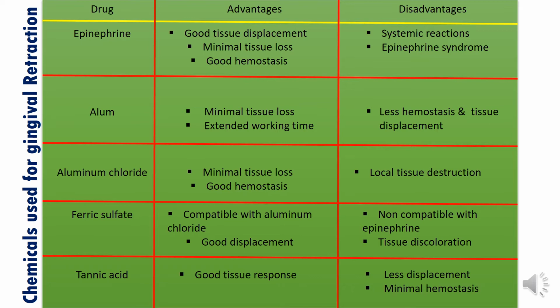If it is an anterior mandibular tooth you need a smaller length. So depending upon the tooth circumference you have to cut the retraction cord and dip that retraction cord into these chemicals, into these drugs.